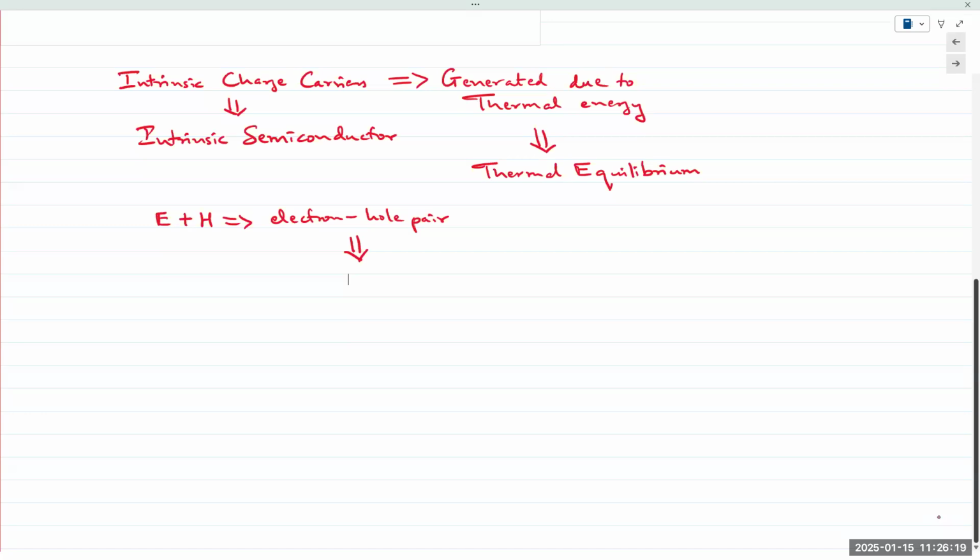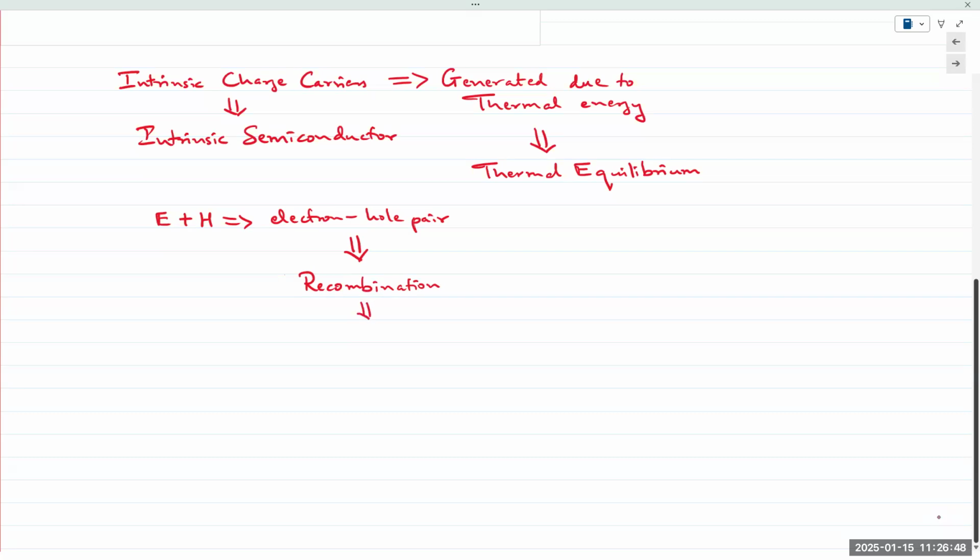So recombination results in a positive and a negative charge being taken out of the equation. This process is known as recombination because they recombine, and a positive and negative charge vanishes.